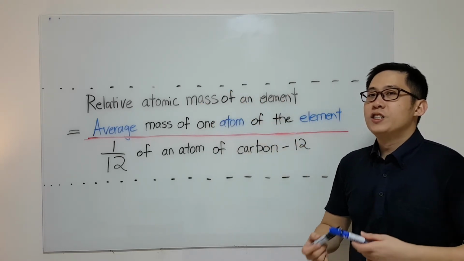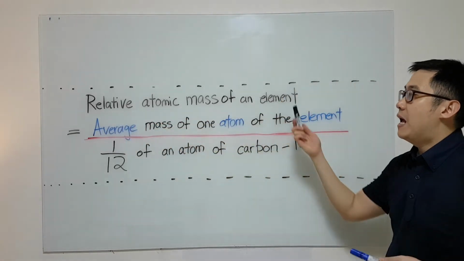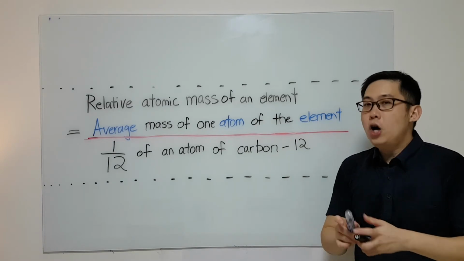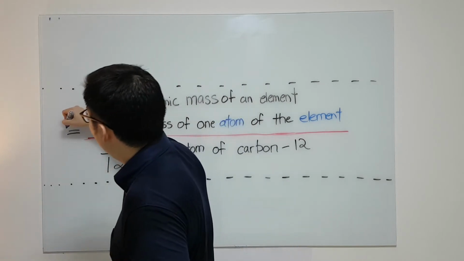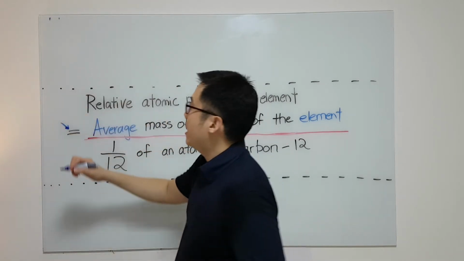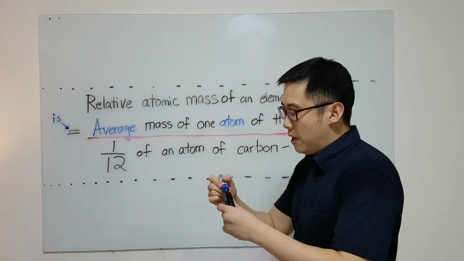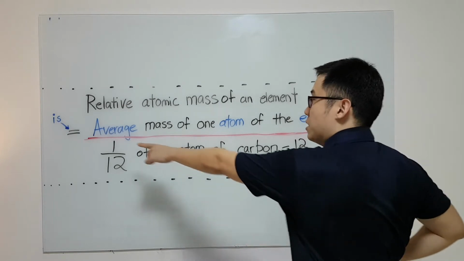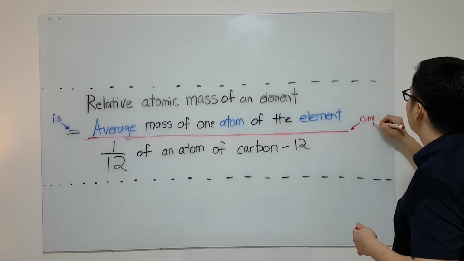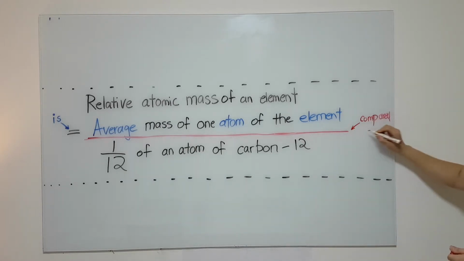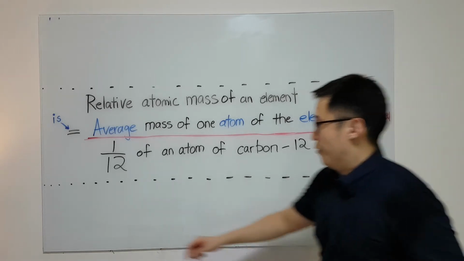If you are required to answer the definition of relative atomic mass of an element in words, all you need to do is to remember this equal sign. You can replace this equal sign with "is". And you can replace this red line with the word "compared to". Okay. So maybe this is not very clear.